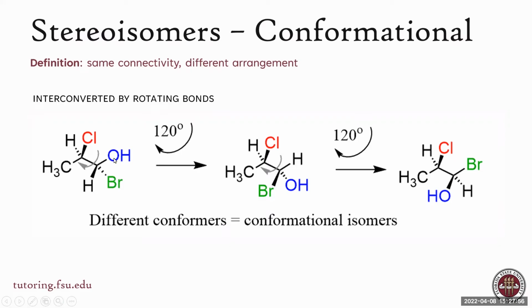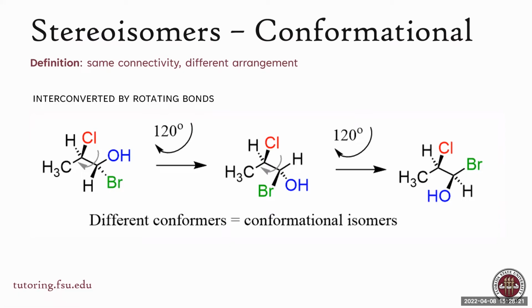But look at what's happening here. This O is in the plane of the paper, this H is sticking out, and the Br is facing away from us. But now if you rotate this whole molecule 120 degrees, this Br would come to this position, this H would go to that position, and this OH would go to that position. That's exactly what we see here. This is once again just rotating everything around once. That's how you get this molecule.